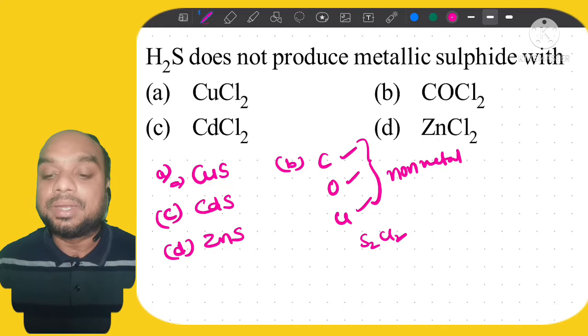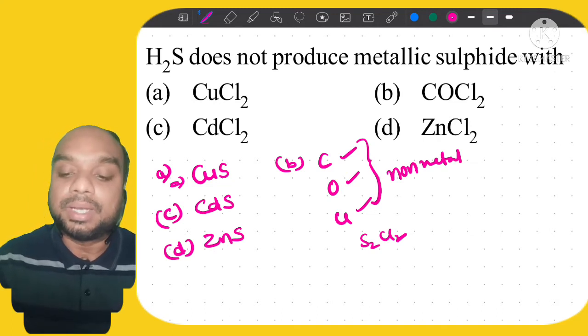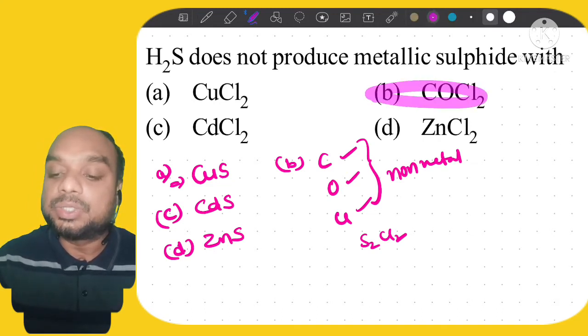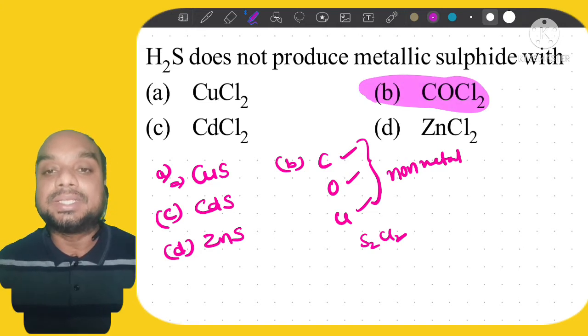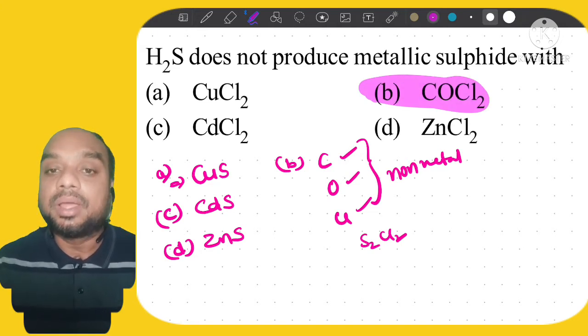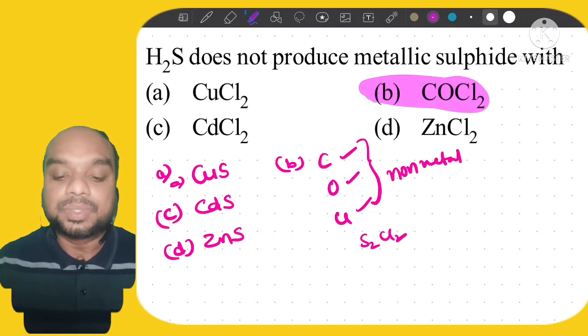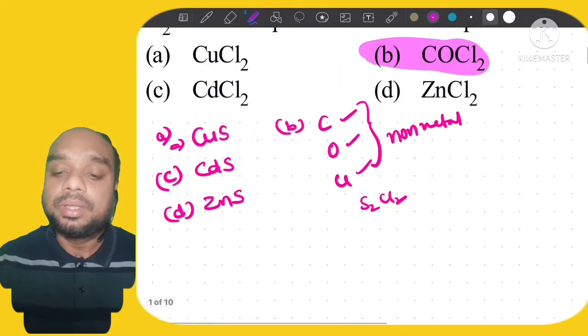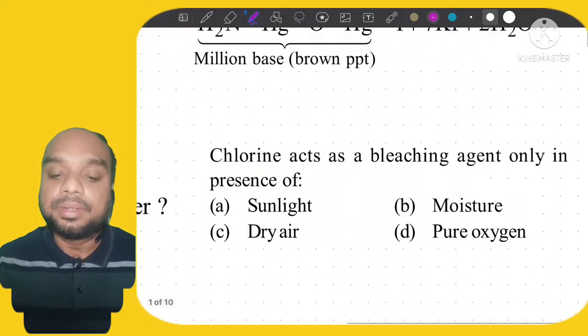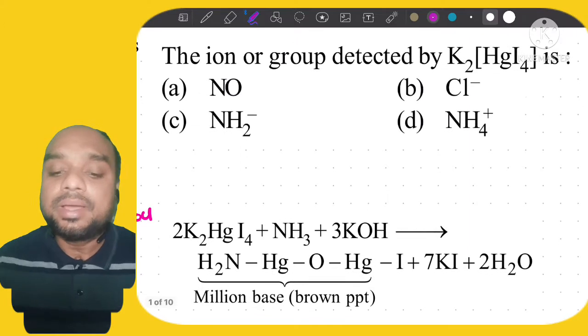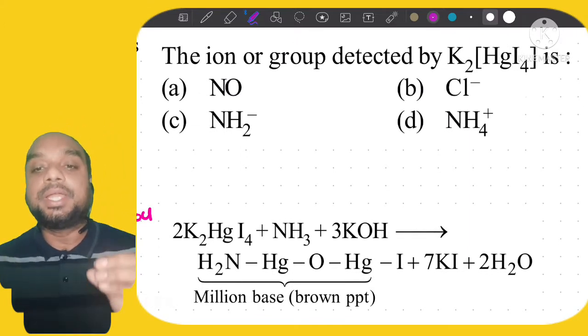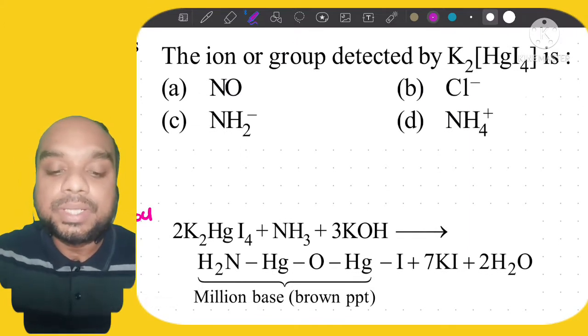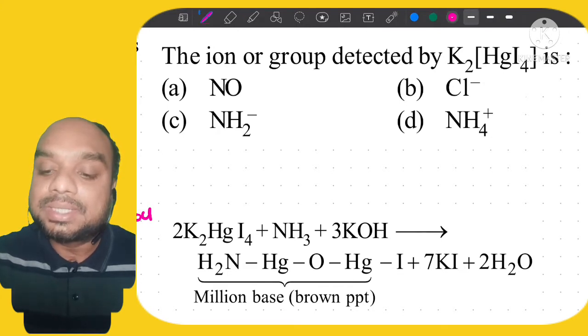We have to take option B, because in option B there is no metal. So the answer is phosgene, carbonyl chloride. Okay. Next question. The ion or group detected by K2HgI4. K2HgI4 is called Nessler's reagent.